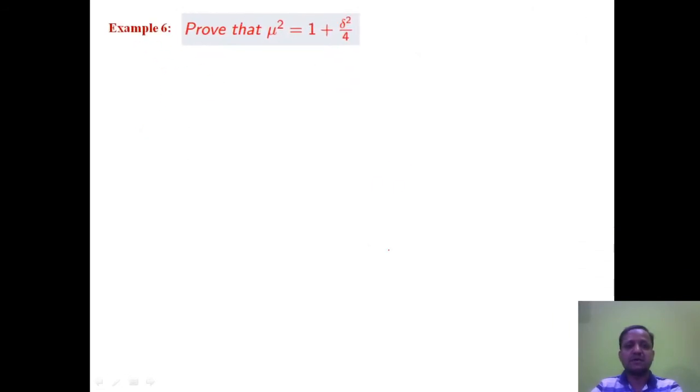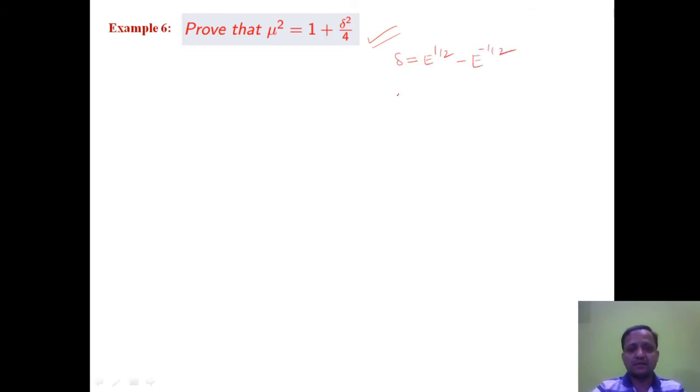Next example, a very important problem here. We need to prove the relation mu square is equal to 1 plus delta square by 4. We know delta represents the central difference operator, E power 1 by 2 minus E power minus 1 by 2.